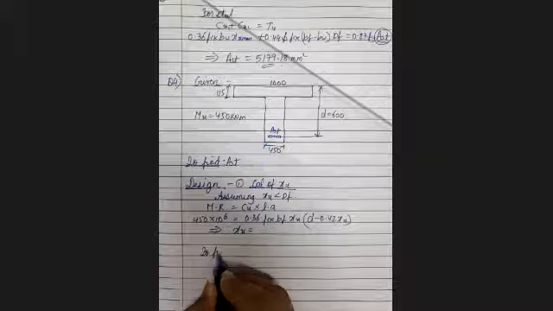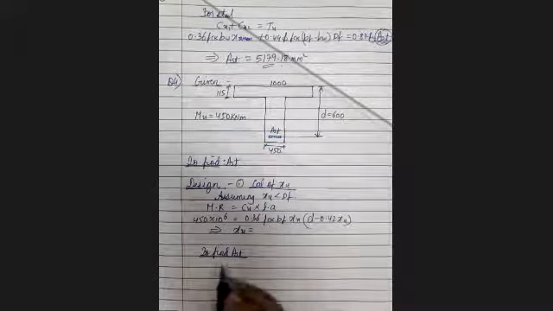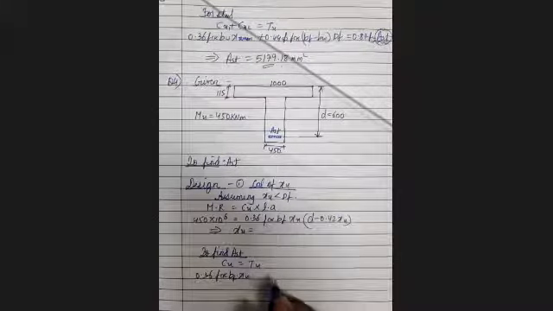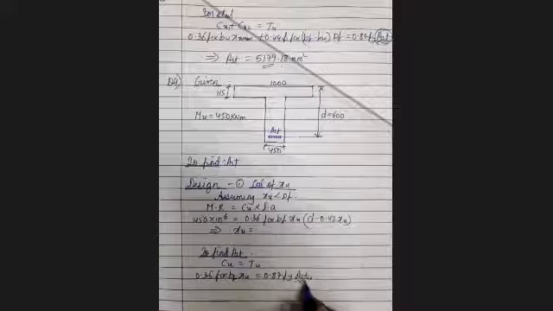Second, to find AST, let us find out the AST by equating Cu equal to Tu. So this will be 0.36 FCK B into XU is equal to 0.87 Fy into AST. So we have to find out AST.